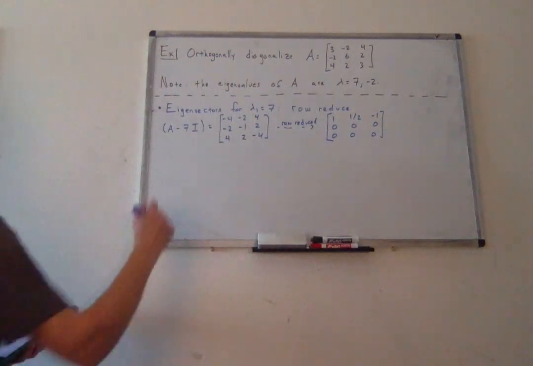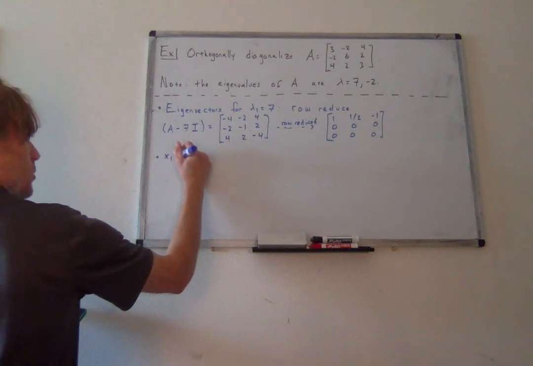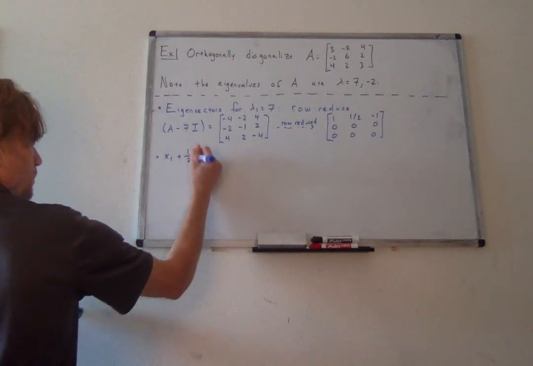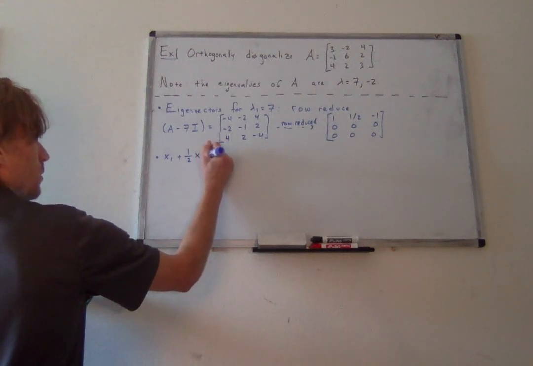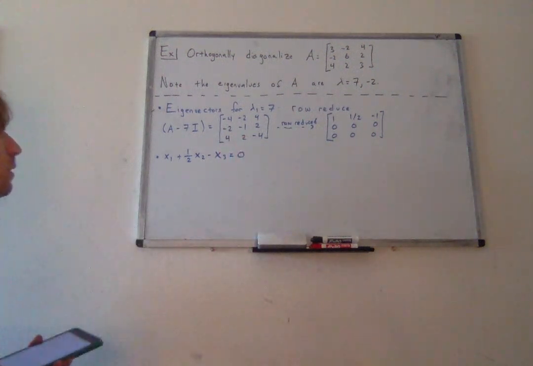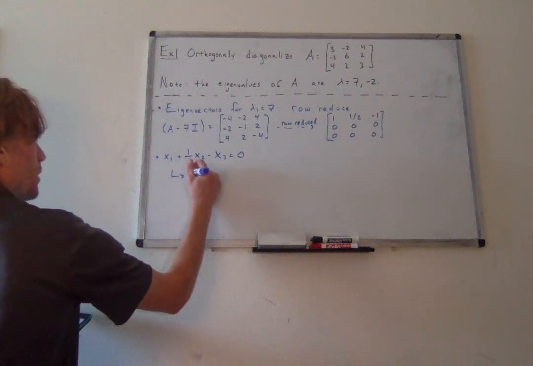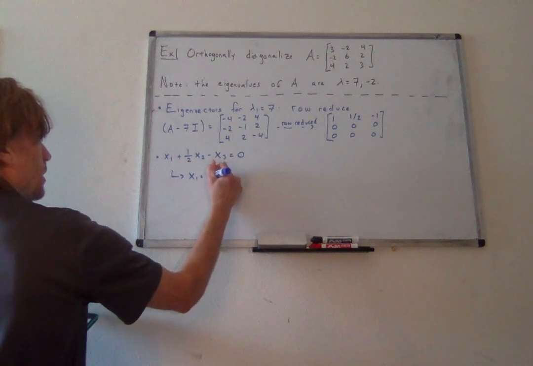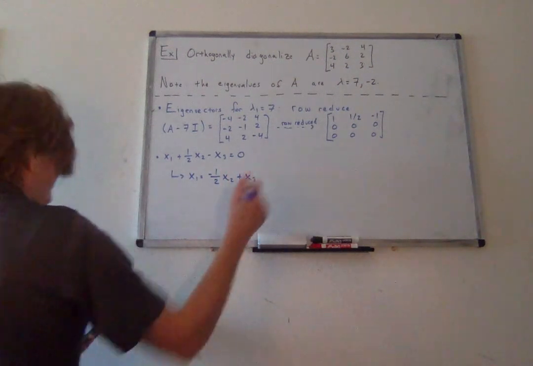And so looking at the corresponding homogeneous system of equations, we have exactly one equation with two free variables, x2 and x3. And so solving for our one non-free variable x1, we get that x1 is equal to -1/2 x2 plus x3.